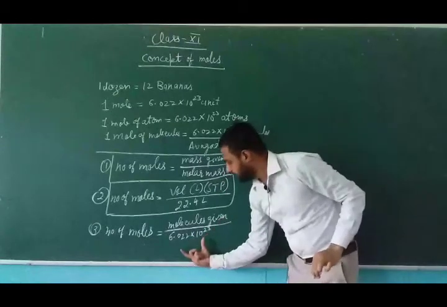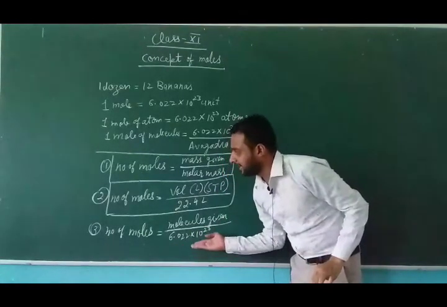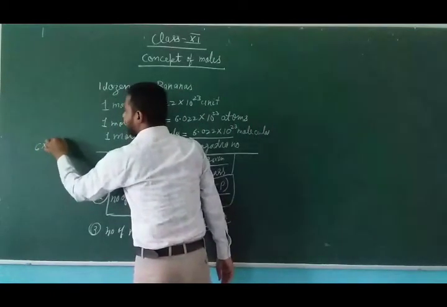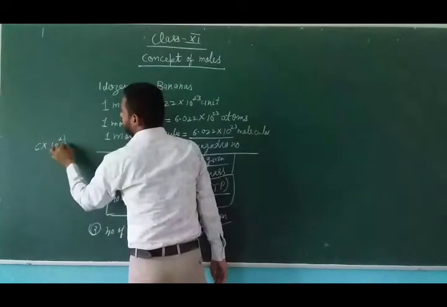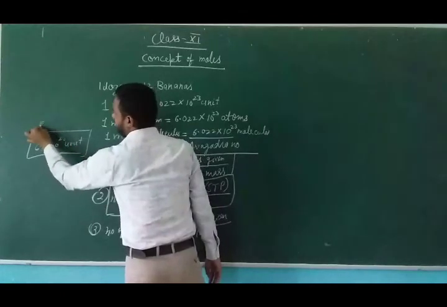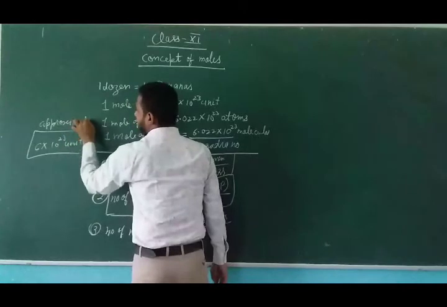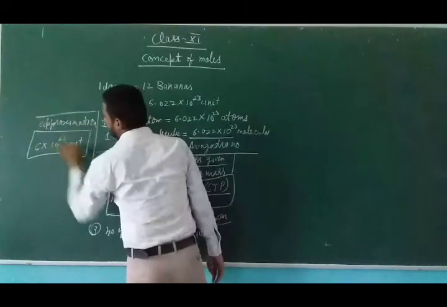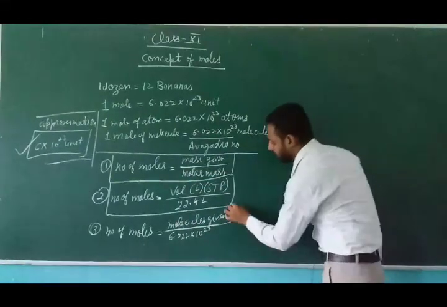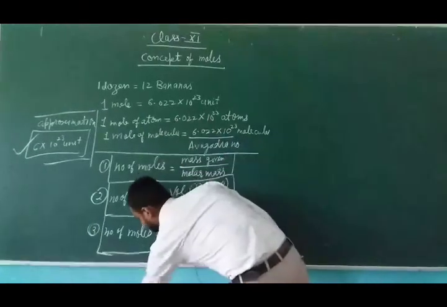Sometimes this 6.022 into 10 to the power 23 can also be written as 6 into 10 to the power 23 units. When we use approximation, then we can write this Avogadro number like this. So by these formulas we can find out the number of moles. Now I am going to solve some questions.